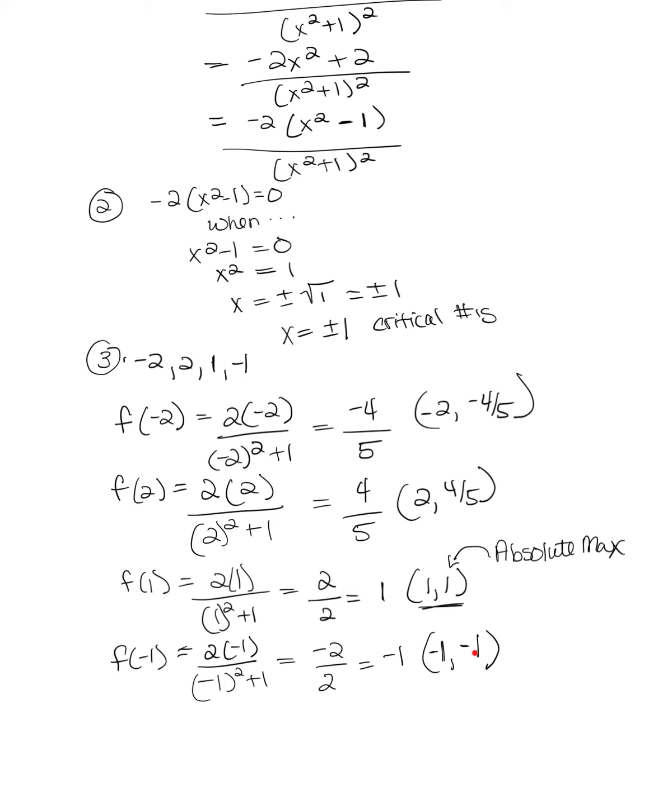And so here our lowest y value is -1. So this is our absolute min. And both of these occurred at our critical numbers. So this is happening in between our endpoints, not on our endpoints.